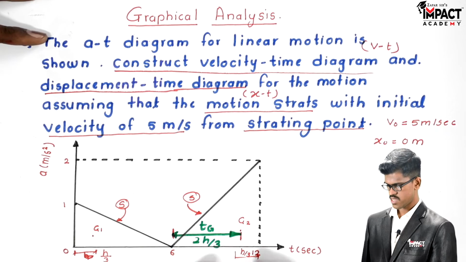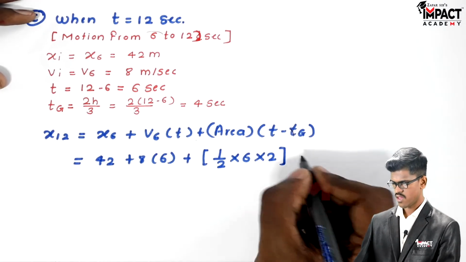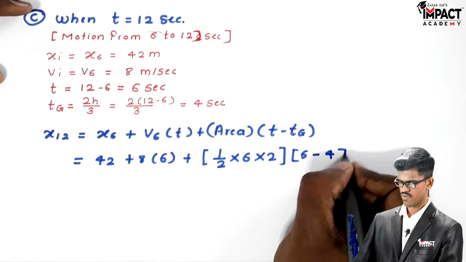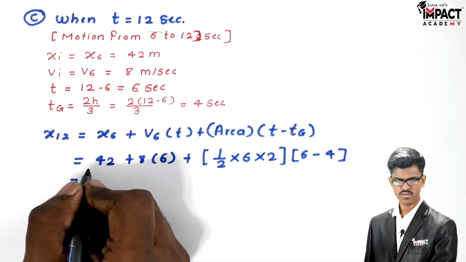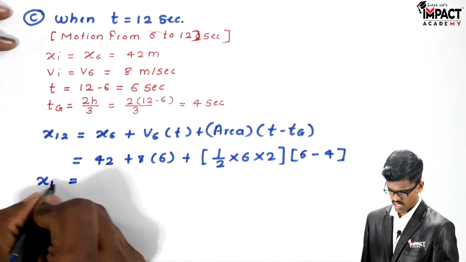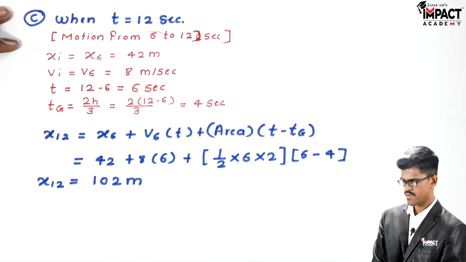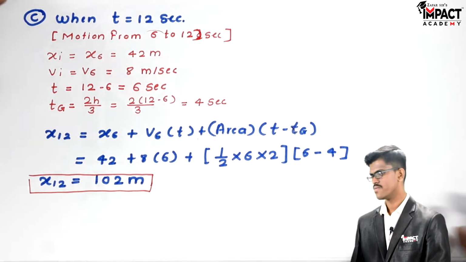Here base is 12 minus 6, which is 6, and height is 2. Time interval t is equal to 6 and tg is equal to 4. If we substitute, we get the answer x12 is equal to 102 meter.